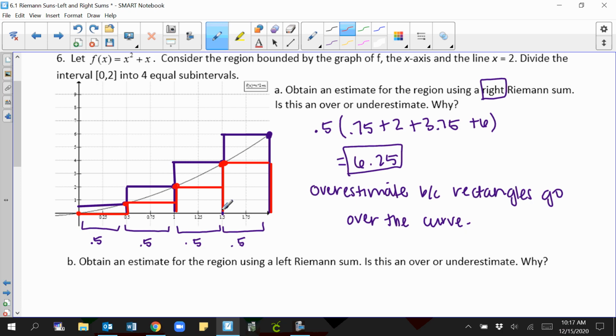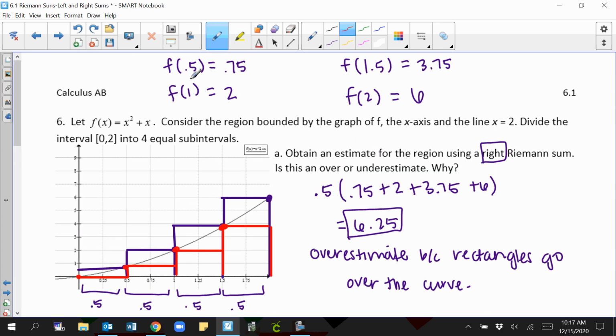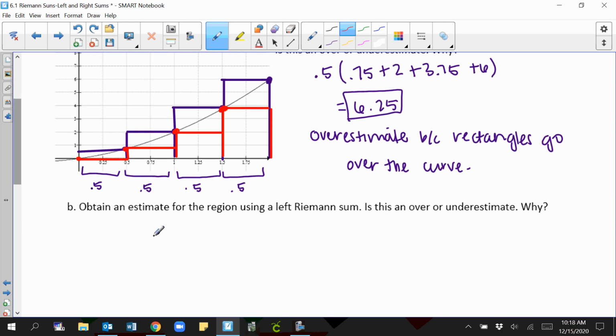So when I use my left endpoint, I still have some of the same values. Like I'm still going to use my 0.75, my 2, and my 3.75, but I'm not using this 6 right here. Instead, I'm using this point right here, which would be f of 0, and 0 squared plus 0 is just 0. So I'm still going to have the same width of 0.5. My first height is 0.